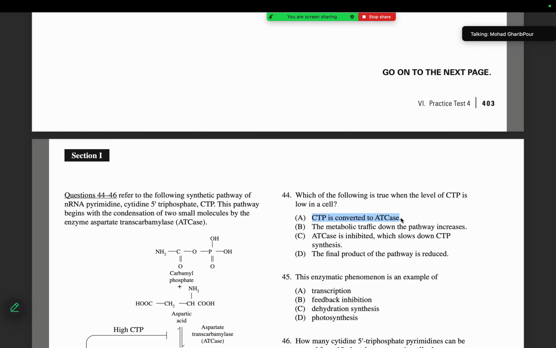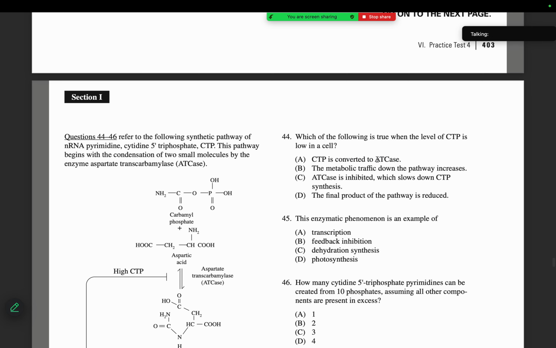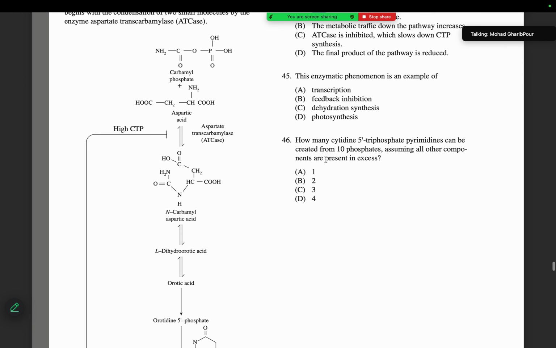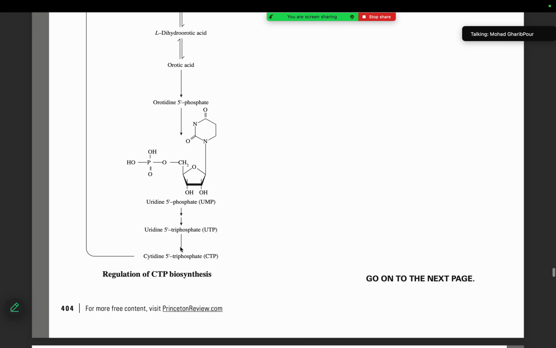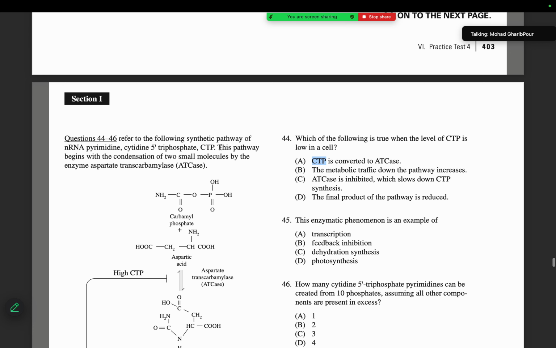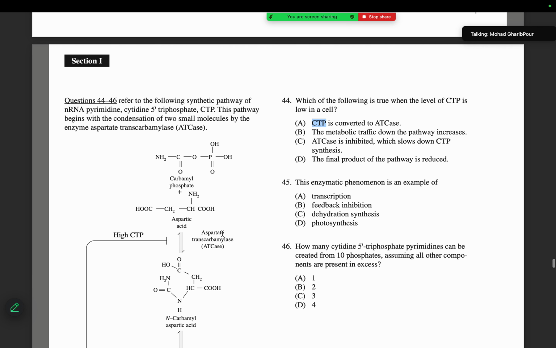No, this just doesn't make any sense. This is an enzyme. This is the substrate, I think. This pathway begins with two small molecules. No, this is not the substrate. Okay, so basically CTP blocks this enzyme. It is not converted to it. These are two completely different kinds of molecules.